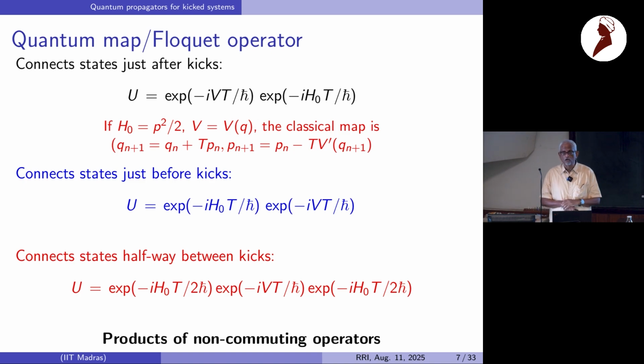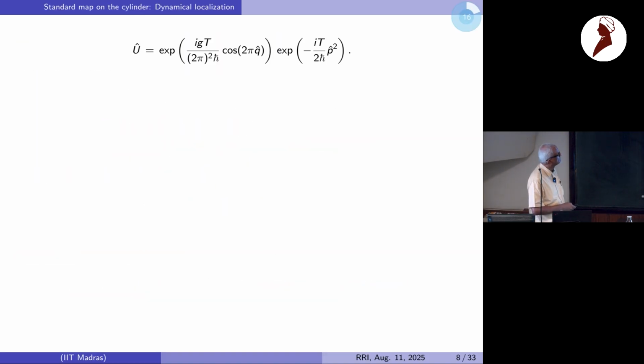So it's not a good object to deal with quantum-classical correspondence. Okay, so the most important thing is it's coming from a product of non-commuting operators, and therefore these might be simple spectra themselves, but this product can contain in it all the quantum chaos that we want.